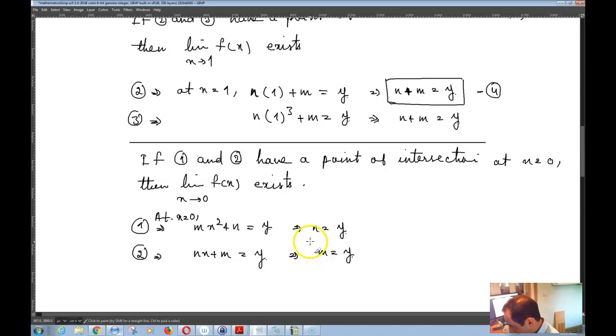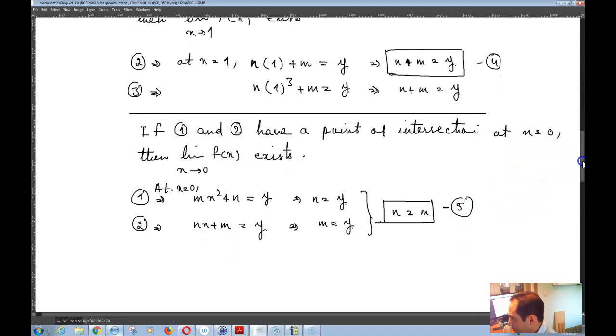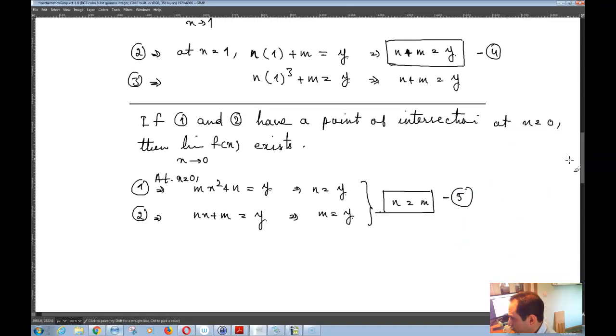Okay, so what that means is that based on this you can say that n is equal to m. I can call this equation number 5.